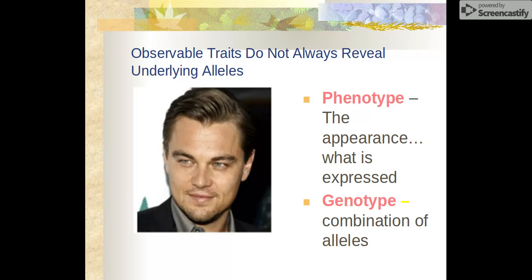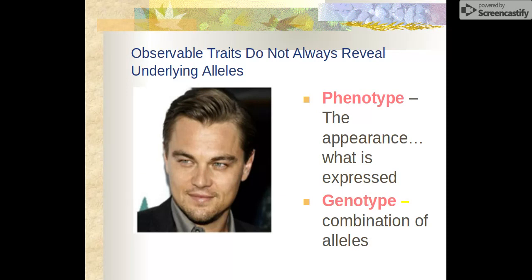So the phenotype is the actual physical expression of that gene. So what do they look like? In the case here with Leonardo DiCaprio, the phenotype is the widow's peak. He shows that he's got the widow's peak. The genotype is the actual combination of alleles. So what are the actual alleles that this individual has?